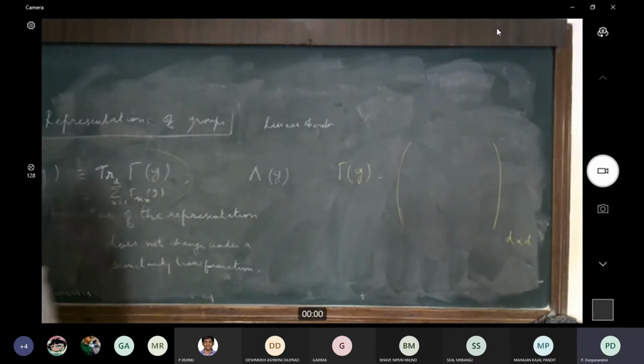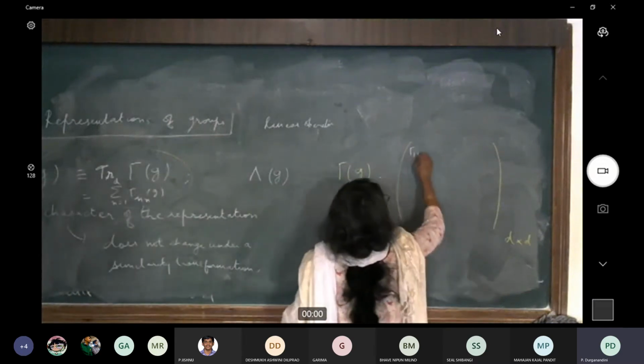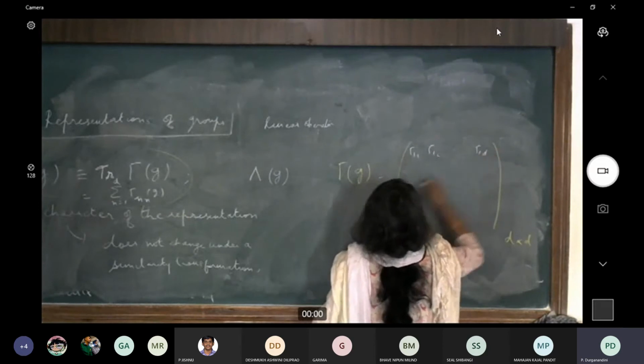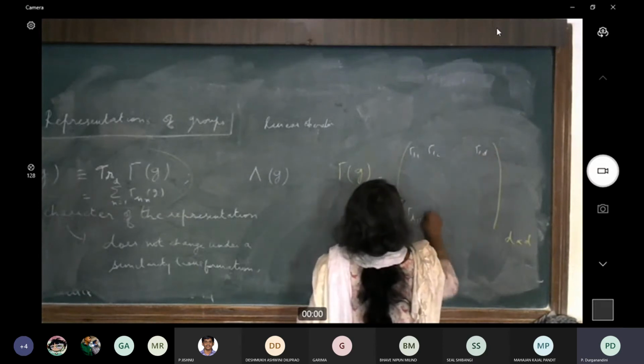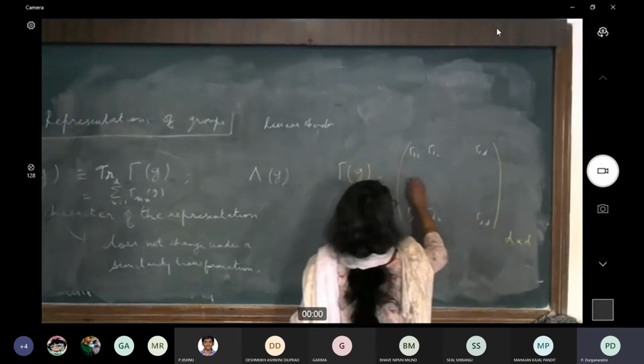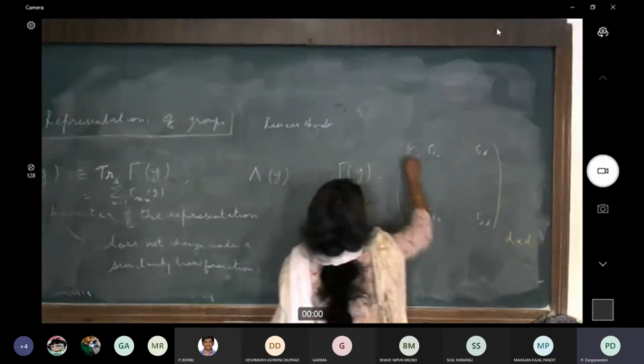Most generally gamma will have all kinds of elements: gamma 1 1, gamma 1 2, and so on up to gamma 1 D, and here gamma 2 1, gamma 2 2, and so on. But suppose it's possible for me to block diagonalize it.